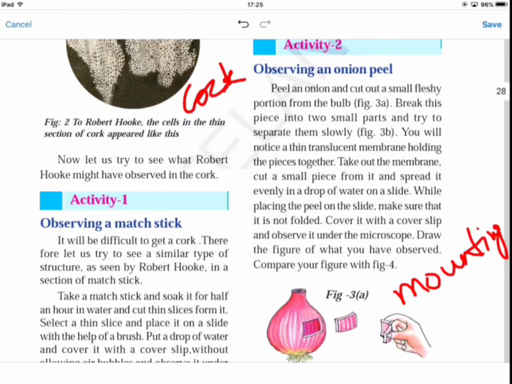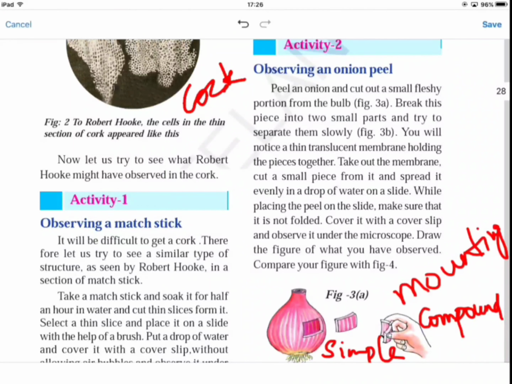Generally we use simple microscope and compound microscope. A microscope is a device which is used to see microscopic objects, that means objects which can't be seen with an unaided eye. In order to see them, we use the object called microscope, and in this we have a lens.